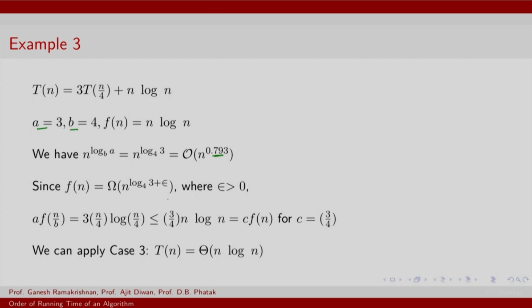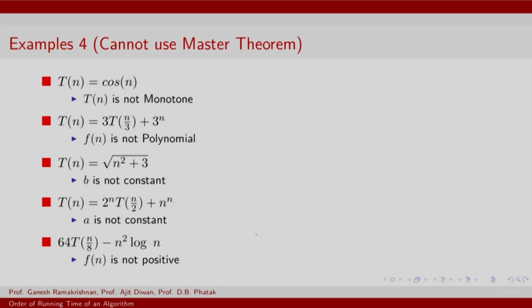Now this epsilon is whatever needs to be computed, the remaining component, 1 minus 0.793, and you can easily show that this leads to case 3, which basically gives you a theta n log n tight bound.